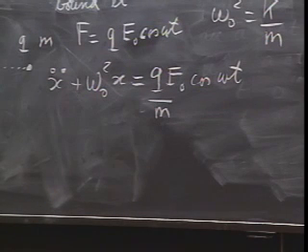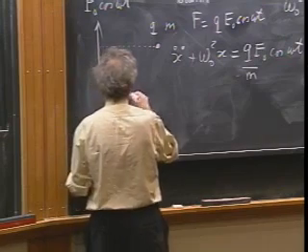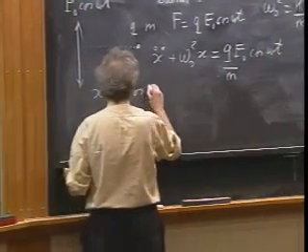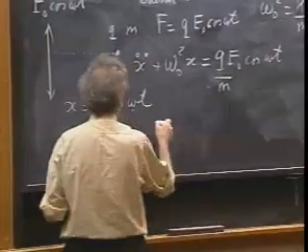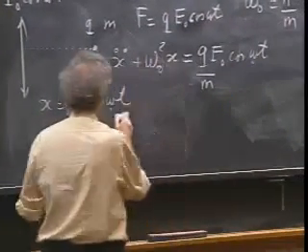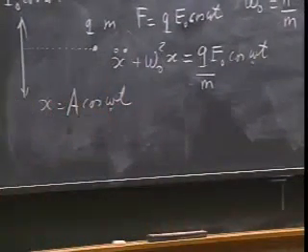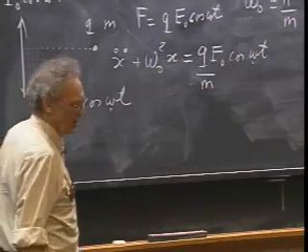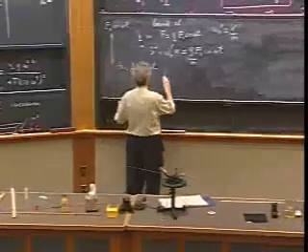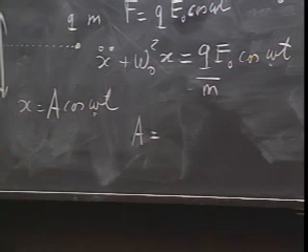This is an equation that we have seen before when we were dealing with forced oscillations, and it has a very simple solution: x is A times the cosine of omega t. This is the omega of the driver, so the object will follow in a steady state solution, and this A is the amplitude. I even remember the amplitude, but if you ask me 3 months from now, I will not remember anymore.